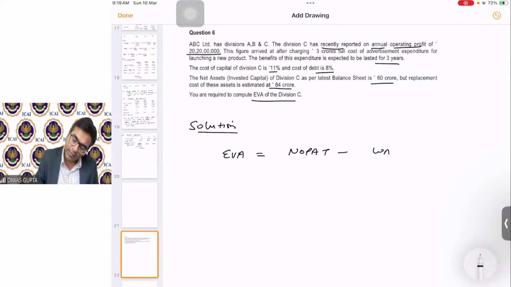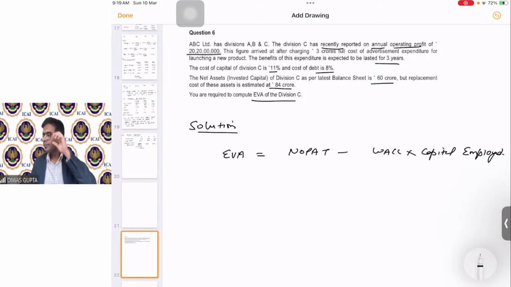NOPAT minus WACC into capital employed. Now, students, whatever information has been given in the question, let's put all of it in this equation.